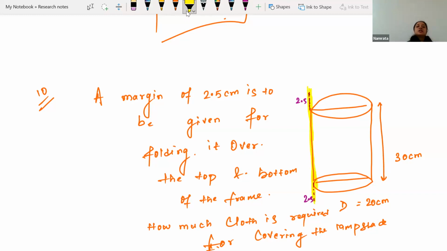Rather than the height of the cylinder, we have to take in consideration this height, because this much height of the cloth must be this much only. From the upper side 2.5 extra, from the lower side 2.5 extra, so that we can wrap it up later on.